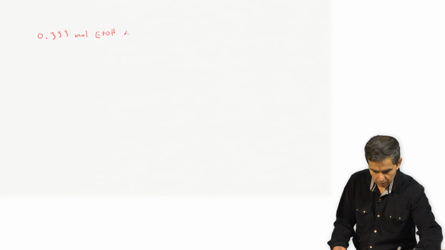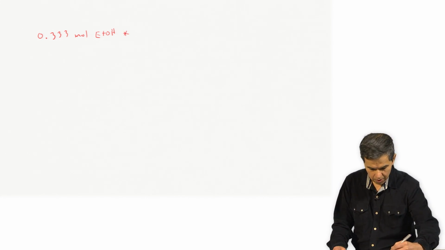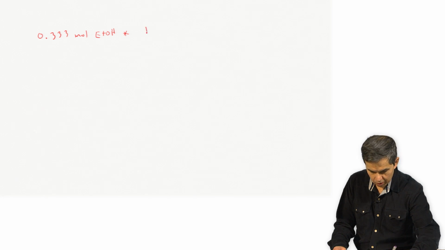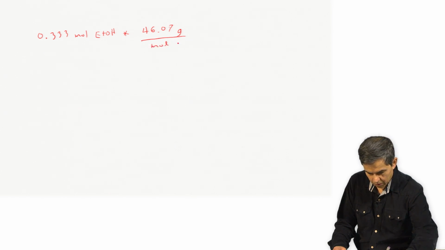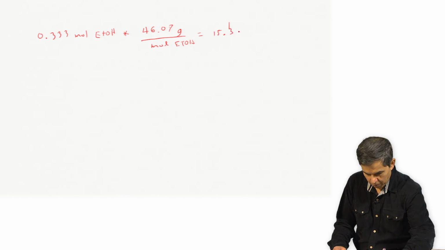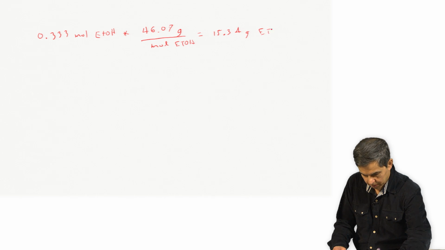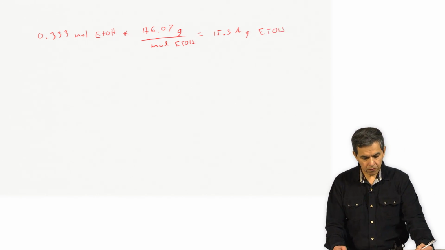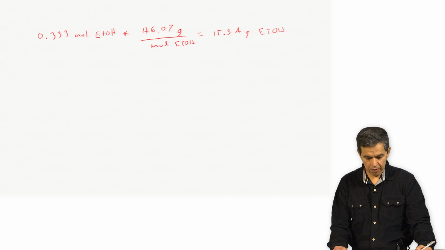And we are going to multiply that then by the molecular mass of ethanol, 46.07 grams per mole of ethanol, and that gives 15.34 grams of ethanol. Then we're going to calculate the heat in each of the different steps.